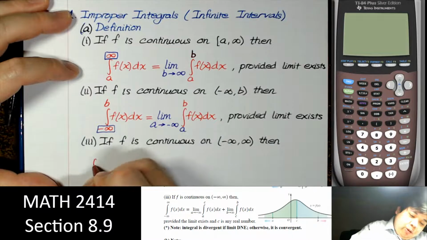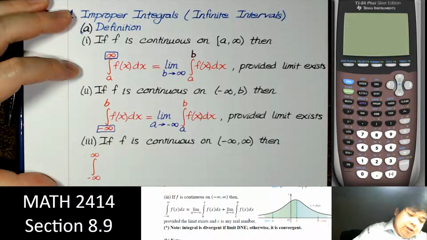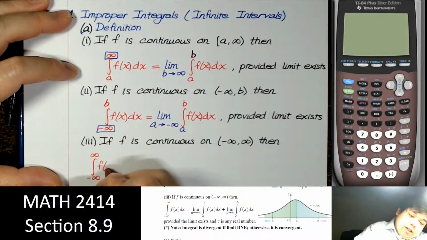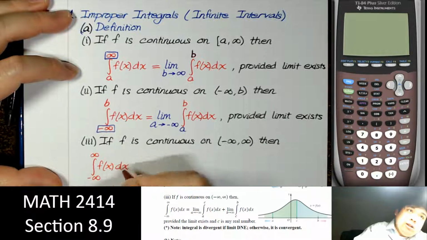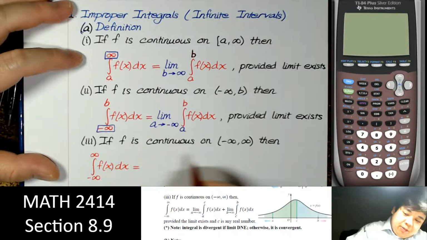Right, now we have the integral from negative infinity to infinity of f of x dx equal to, now we're going to use both.